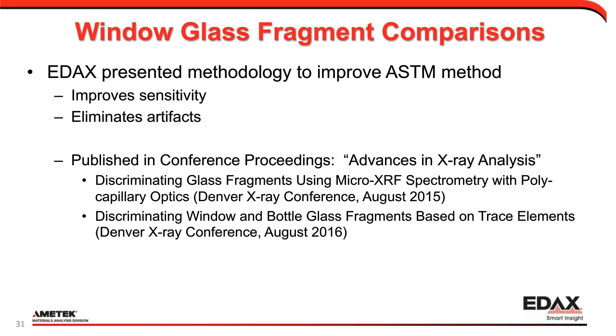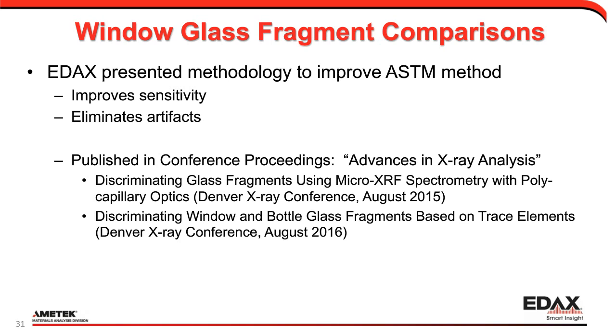And that had two basic benefits to it. It improved the sensitivity of the analysis because we were using some filtering, and it also eliminated spectral artifacts. So for example, if you had the tube line scatter in the spectrum and you were using a rhodium tube, but you wanted to measure for chlorine as well, then if I used a filter, I could knock that tube line out and be able to use the analysis for, say, chlorine or sulfur as well in this type of a comparison.